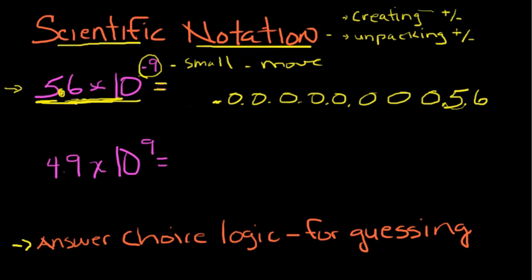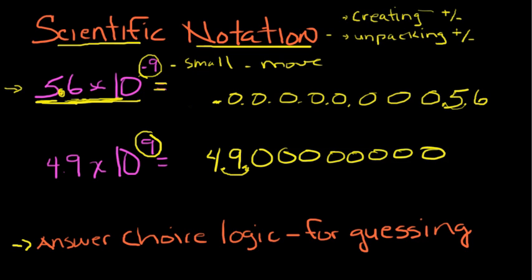Now if you're going the other direction in making it a larger number, it's the same principle, you're just going to the right now. So you have 4.9 to start with. You're going to move this decimal point 9 places to the right. But the first one takes in the 9 right here, so you're going to add 8 zeros.